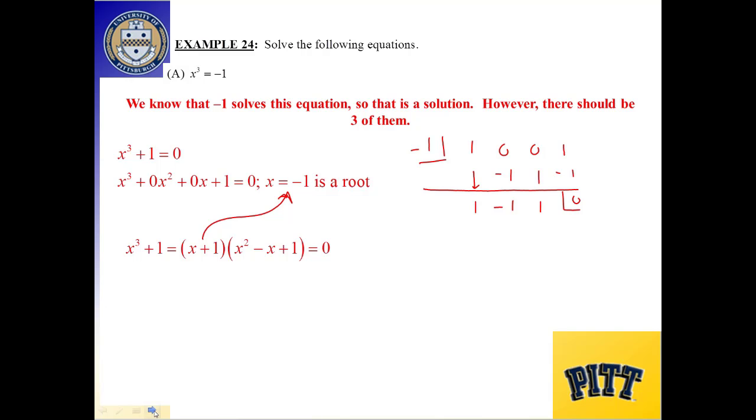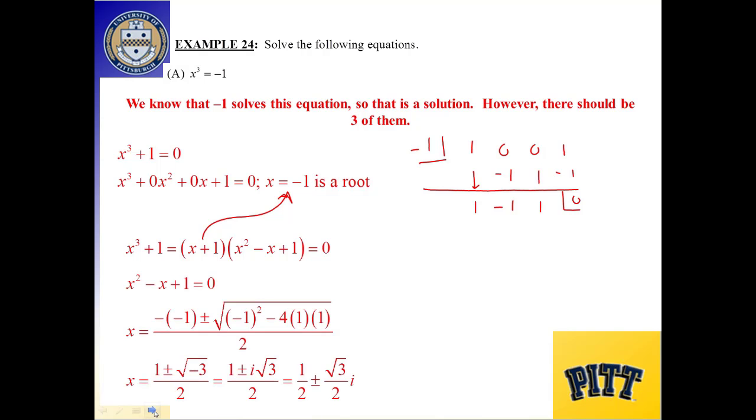I already have that negative 1 is a root. I would use the quadratic formula to find the answers for x here and get 1/2 plus or minus the square root of 3 over 2 i. So my answers would be negative 1, 1/2 plus the square root of 3 over 2 i, and 1/2 minus the square root of 3 over 2 i.